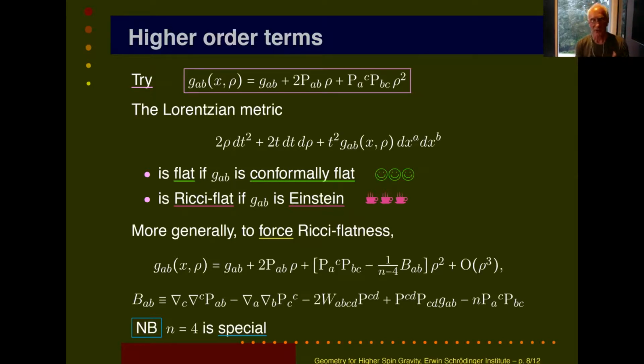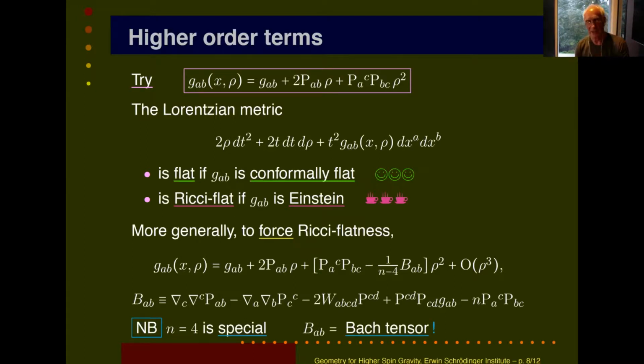But what you can do is take the formula for B in general for n not equal to 4 and simply set n equal to 4. This is perhaps a silly thing to do because it's like taking a limit over dimensions. But anyway, you do that, you put n equals 4, and you get the Bach tensor in this particular case.